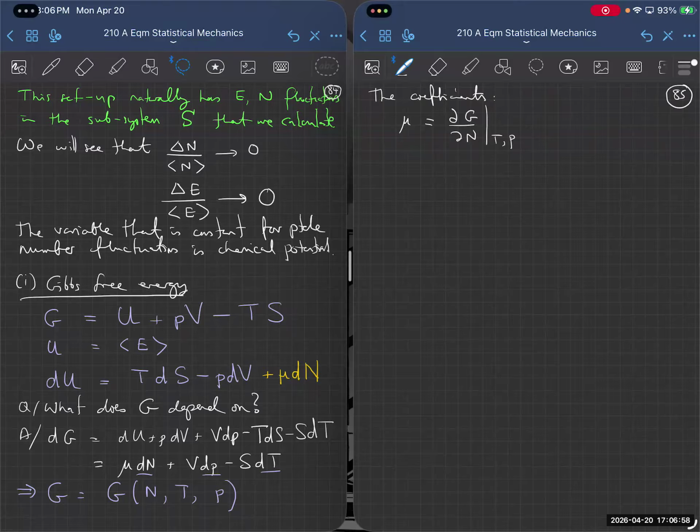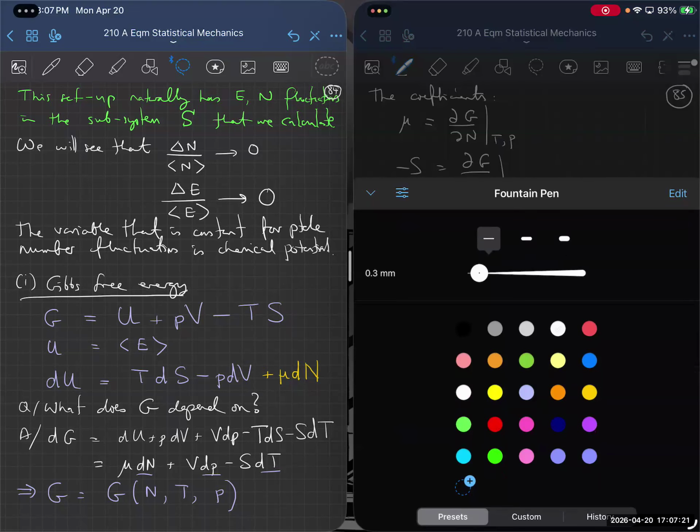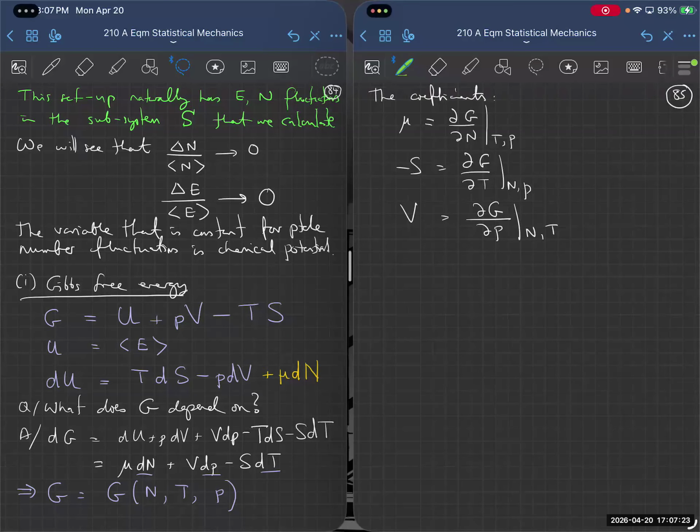We can see that minus S is dG by dT at constant N and P, and V is equal to dG by dP at constant N and T. So that's what those variables are. And if you've done physical chemistry, you might get very excited about that. But if you haven't, then you probably will just say, okay, so what? And that's basically my reaction.